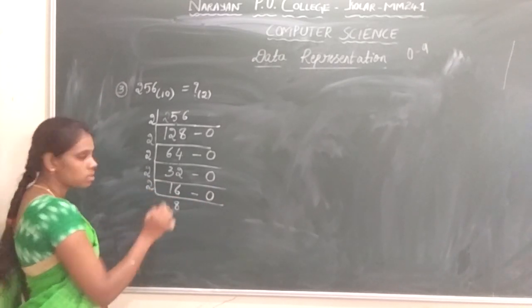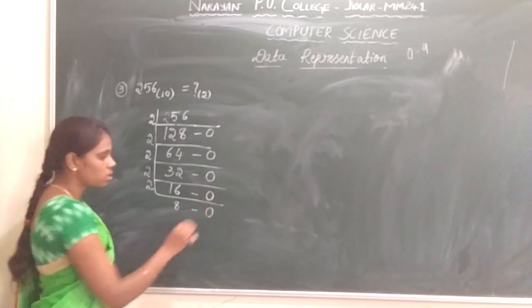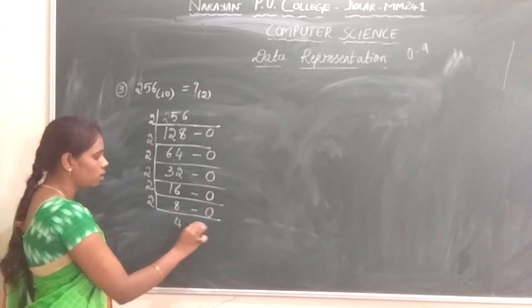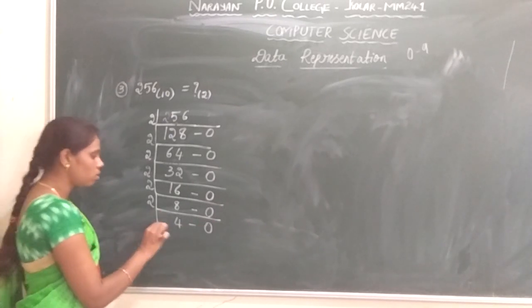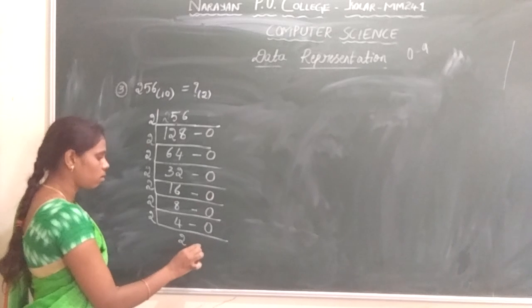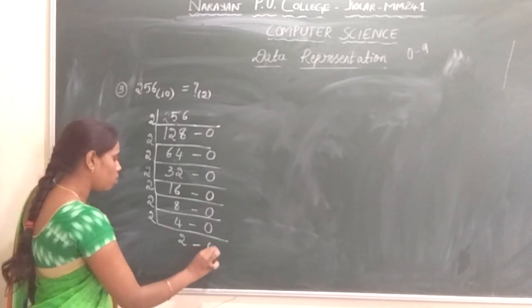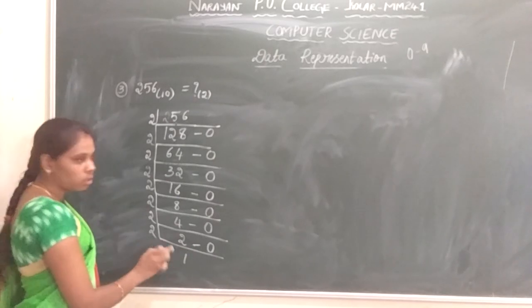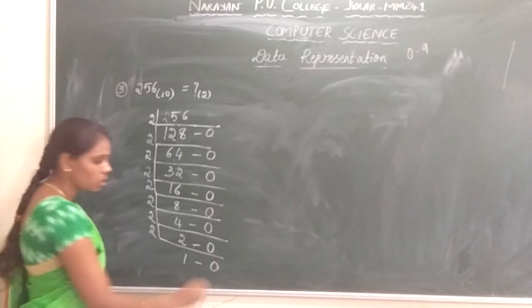2 8s are 16. The remainder is 0. 2 4s are 8. The remainder is 0. 2 2s are 4. So the remainder is 0. 2 1s are 2 and the remainder is 0.